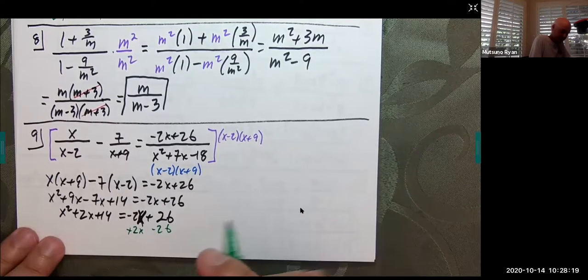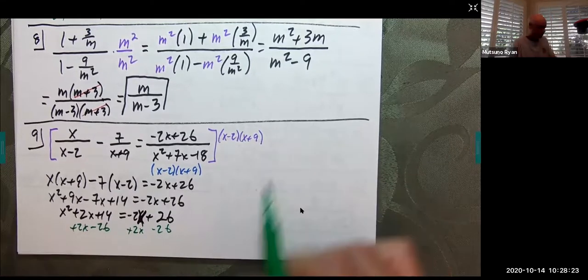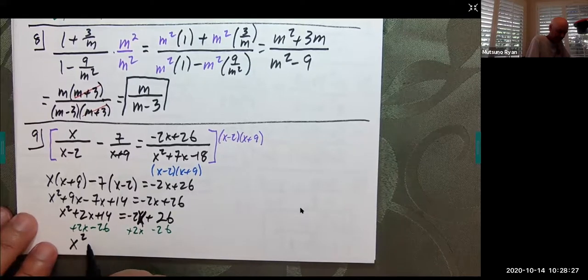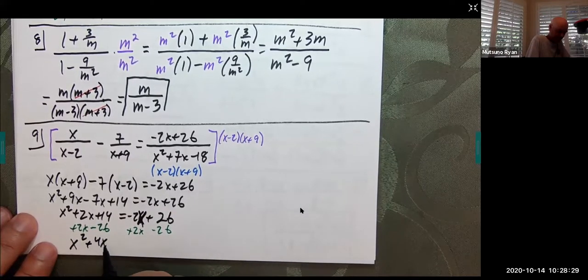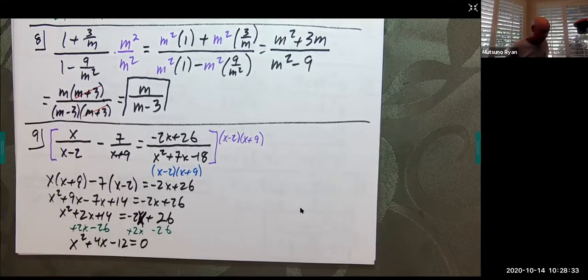By adding a 2x and subtracting a 26. Giving me a quadratic.